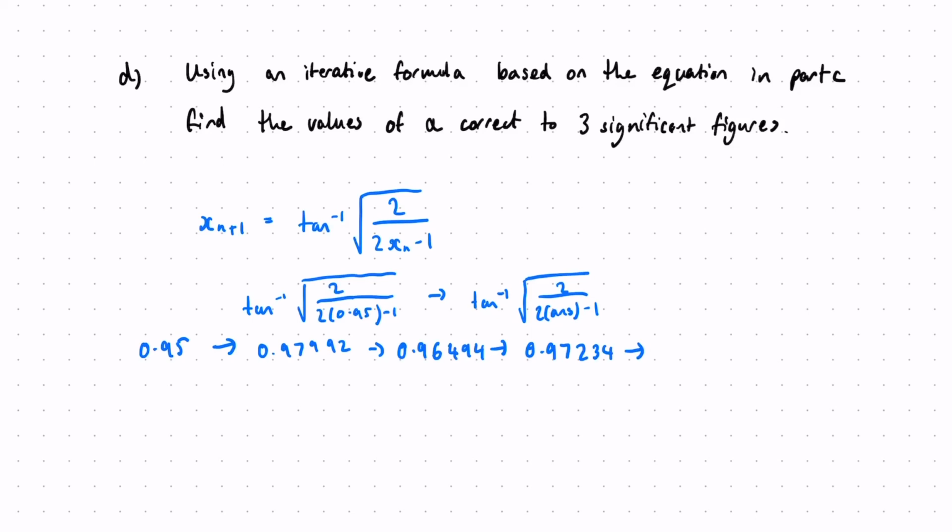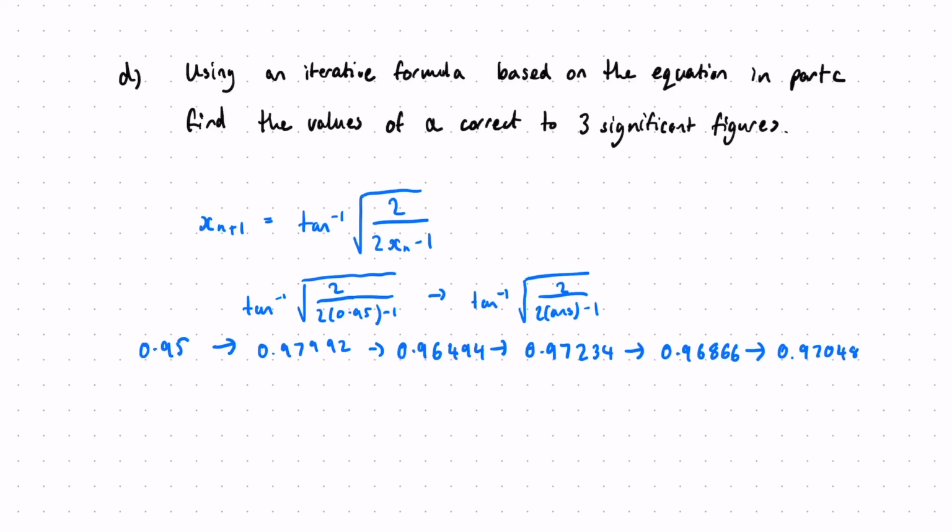Still not correct for 3 significant figures, so I'm going to press it again and it gives me the value 0.96866. Again, not correct for 3 significant figures. Again, 0.97048. Getting a bit closer now.